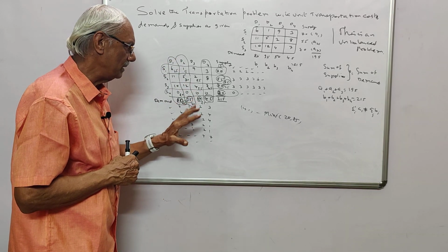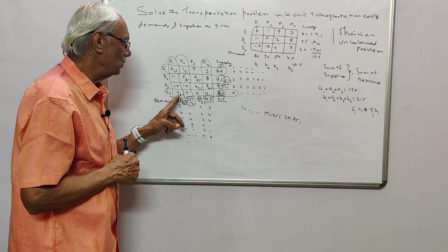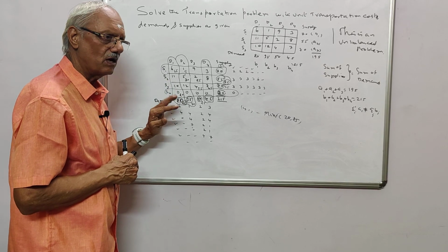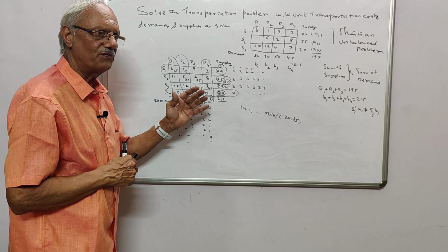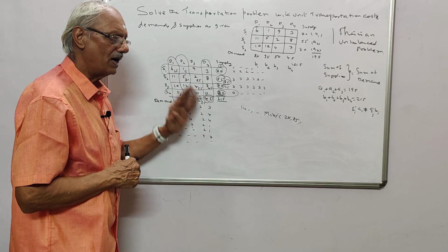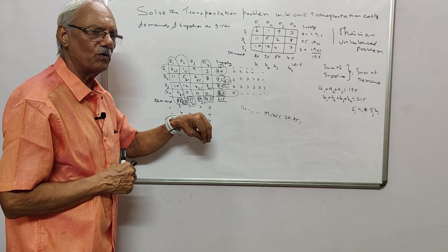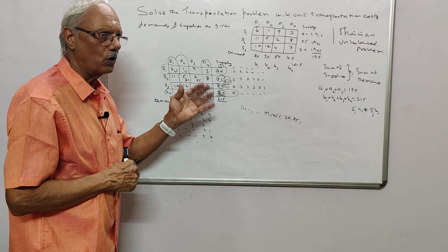Given a problem of this type, you try to find out the penalties. Penalties in the sense that you find out what is the least cost and the next least cost, find the difference, that is called your penalty. Find the penalty for every row and every column. After completing it, then you choose the maximum of the penalties. It may be a row or column.